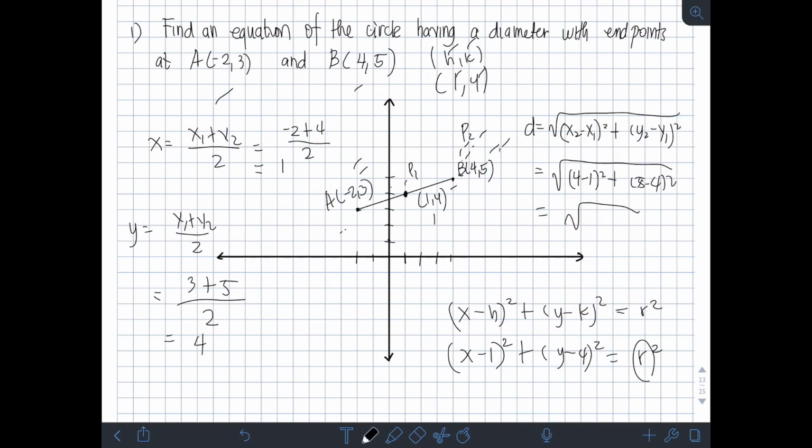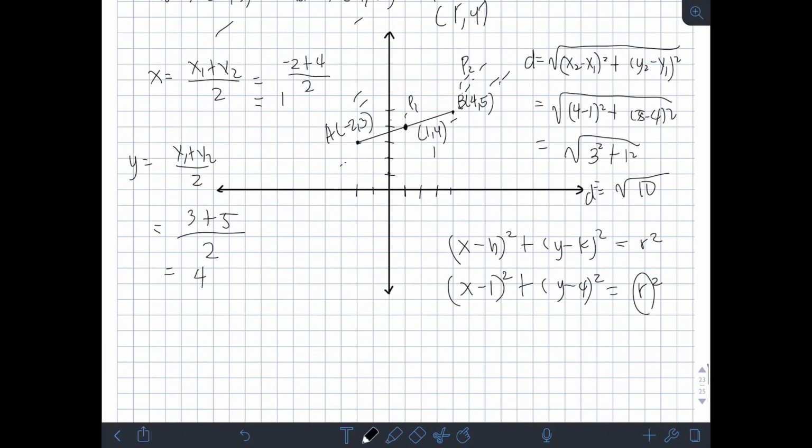So, what is this? Square root of 4 minus 1 is 3, 3 squared plus 5 minus 4 is 1, so 1 squared. Or we have square root of 9 plus 1, right, or 10. So, therefore, this is the distance.